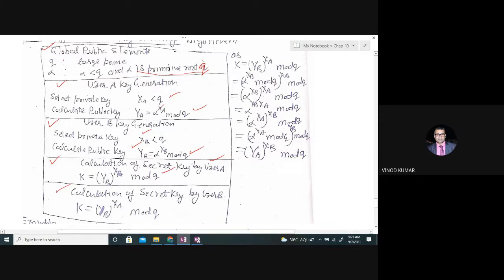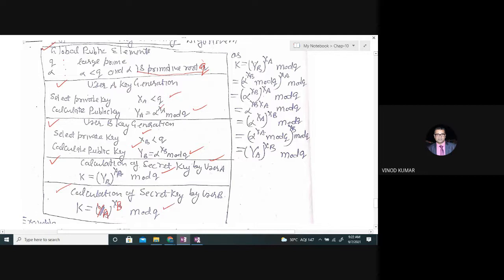Calculating the secret key by user B says k. Oh, sorry, this is y_a to the power x_b. You correct this, okay? y_a to the power x_b mod q.